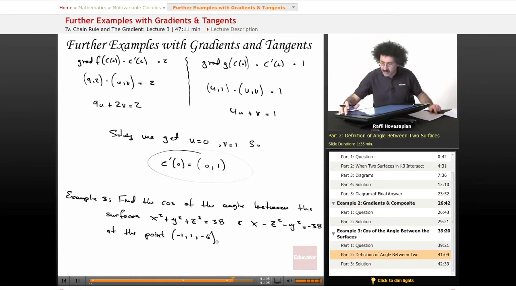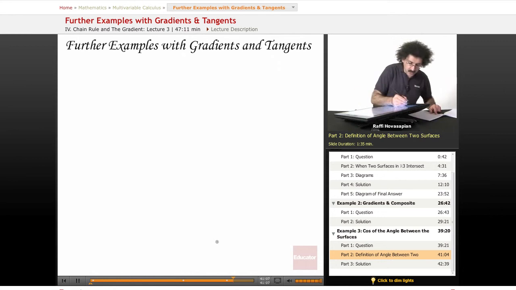This is a good time to give a quick definition of what we mean by the angle between two surfaces.